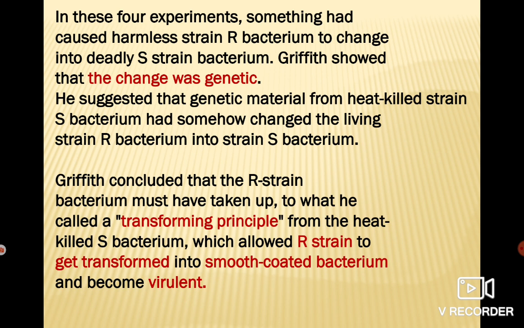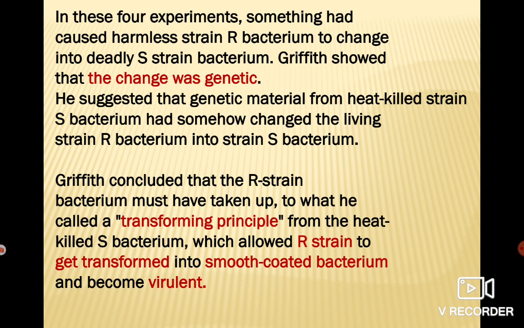Griffith showed that the change was genetic. He suggested that genetic material from heat-killed S strain bacterium had somehow changed the living strain R bacterium into strain S bacterium.